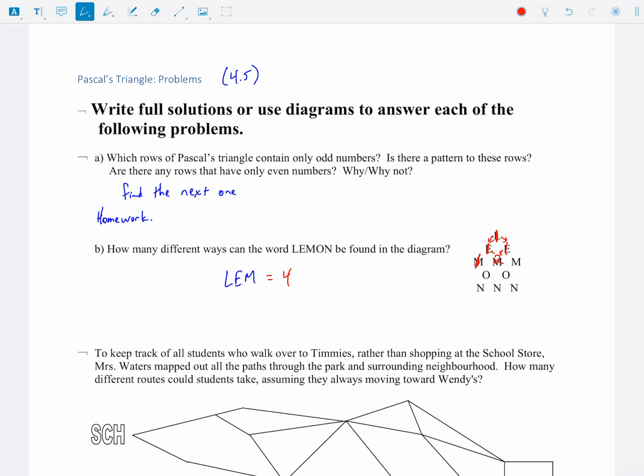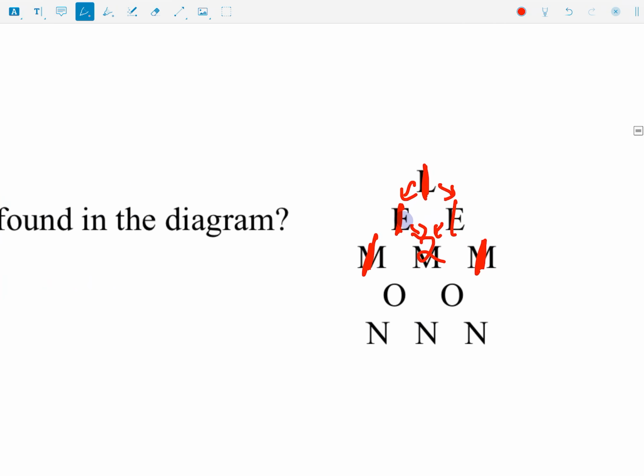Well, that's because you can go from this E or from this E down to the M. I don't know if you can see what I'm doing there. And then the last spot here is this M, which is 1. So if you see this, I got a 2 here, a 1 there, and a 1 there.